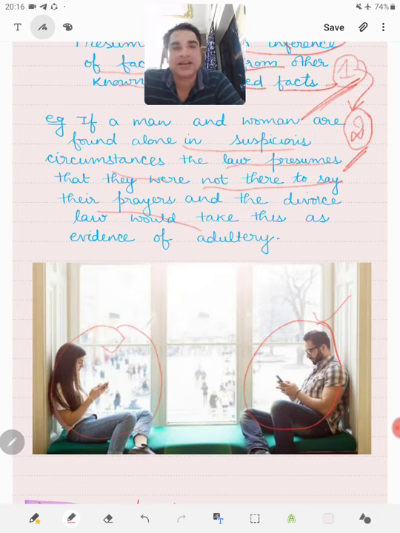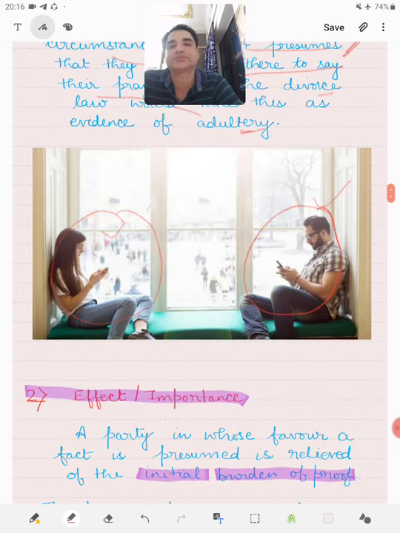So the natural course of business, or natural human conduct, is that if a man and woman are found in suspicious circumstances in loneliness, both of them together, then it can be presumed that there is some adultery going on, and the divorce law can take effect. But mind you, this can always be disproved also.